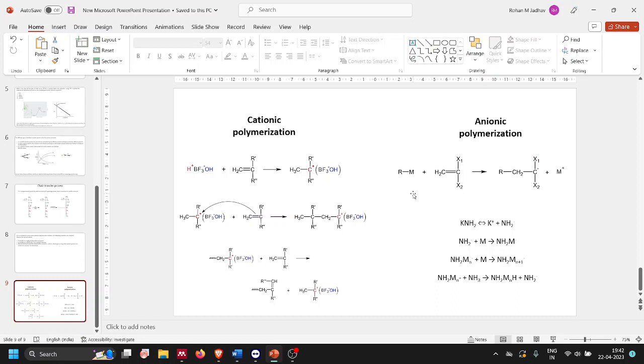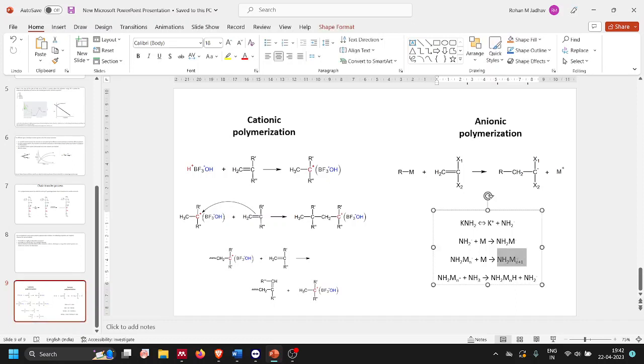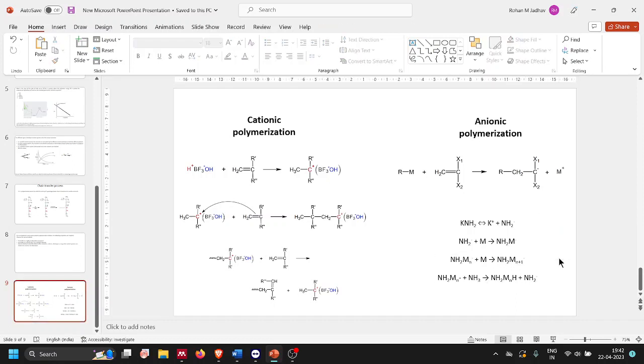So in such cases of anionic polymerization process, quenching can be performed by addition of some impurities. You add some impurities to quench the polymer reaction and stop the polymerization process. So in that case, you add some impurities and the polymerization process gets halted.